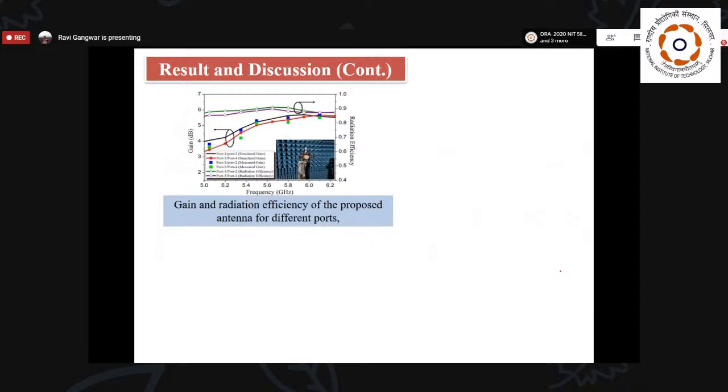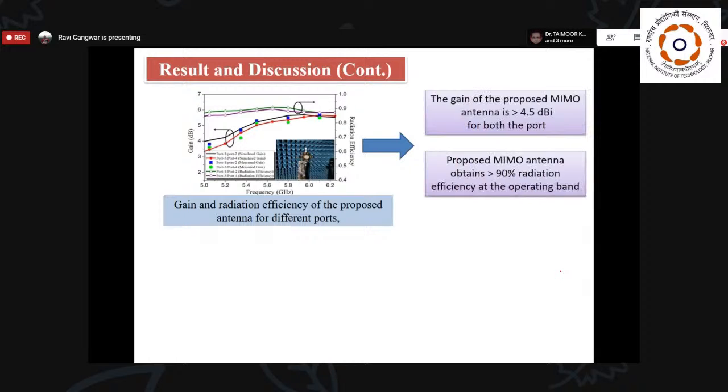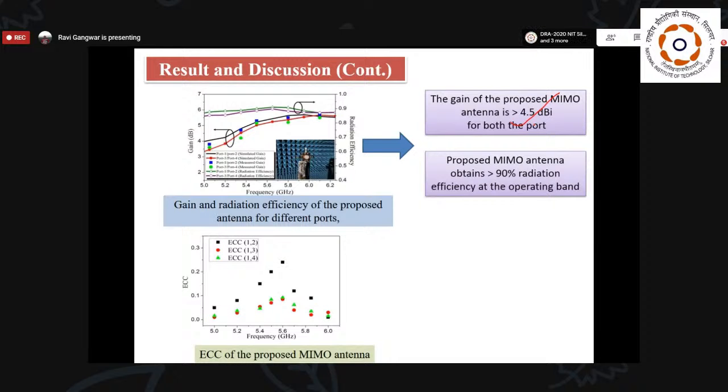Then we are going to see the gain and radiation efficiency. As we already know, in the case of a DRA the radiation efficiency is always better than 90%. And in the complete bandwidth, we are able to get more than 4.5 dBi gain for both antenna structures. Then I have calculated the ECC value based on the far field.